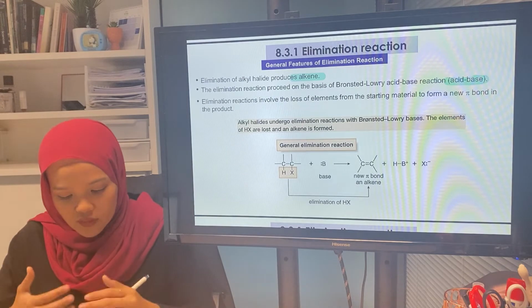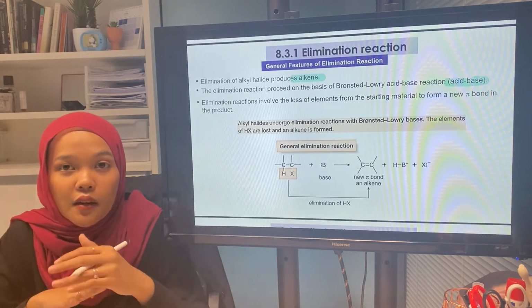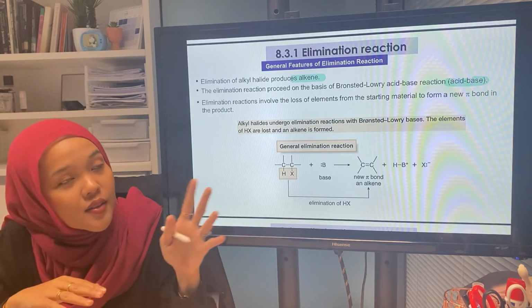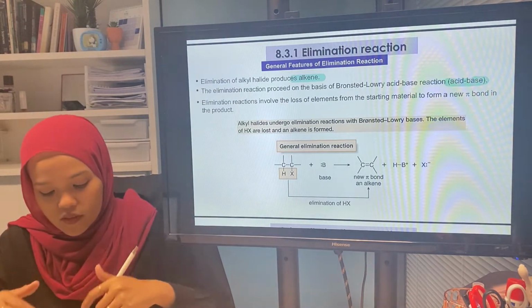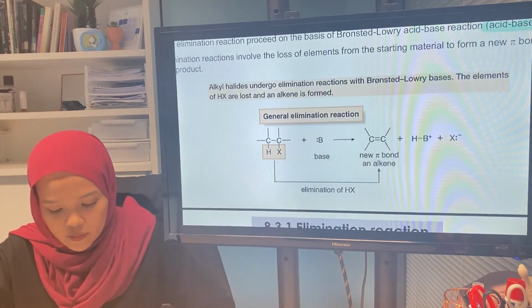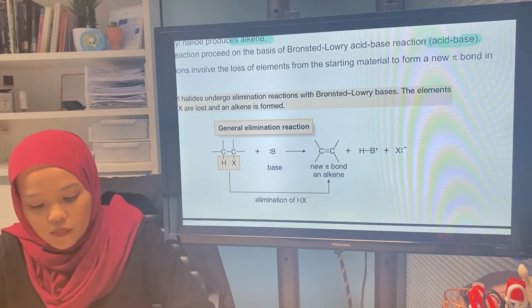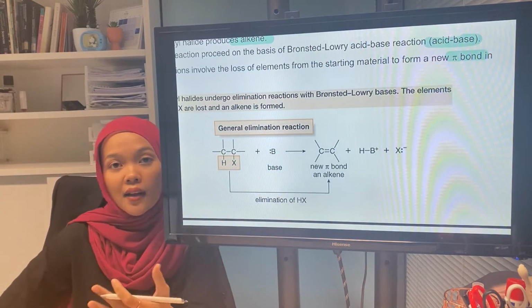Now in elimination reactions, as the name says, we lose some of the elements. So in this alkyl halide, we eliminate something, and what we are going to form is a pi bond, because we are forming alkene.